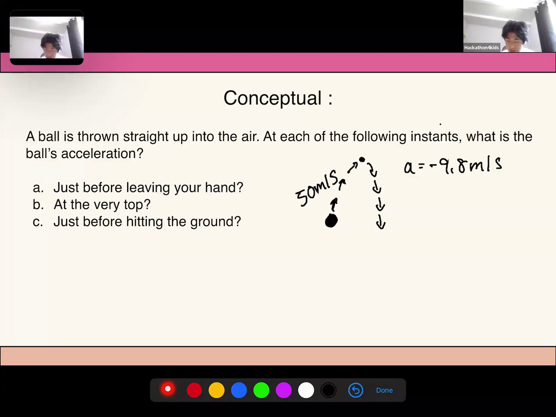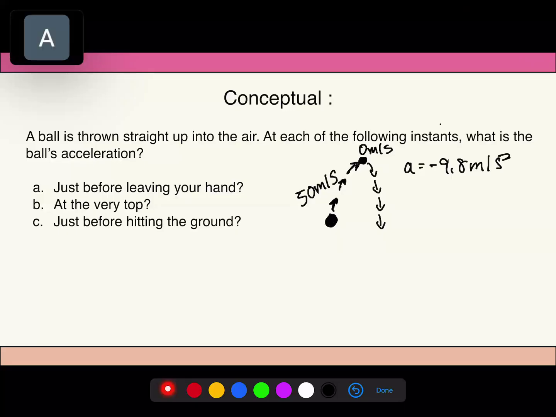When it's at the highest point, it's going to be at 0 meters per second. Imagine it's going up, the velocity is positive, positive, positive, and then it finally reaches 0. But it's still under gravity, so it's still going to experience that negative 9.8 meters per second squared, and then it's going to finally start coming down.